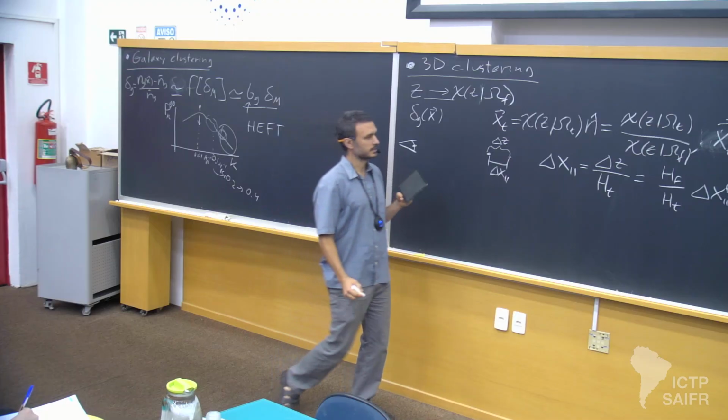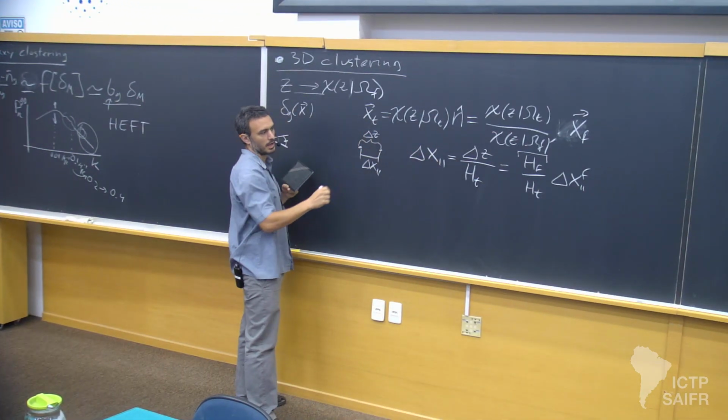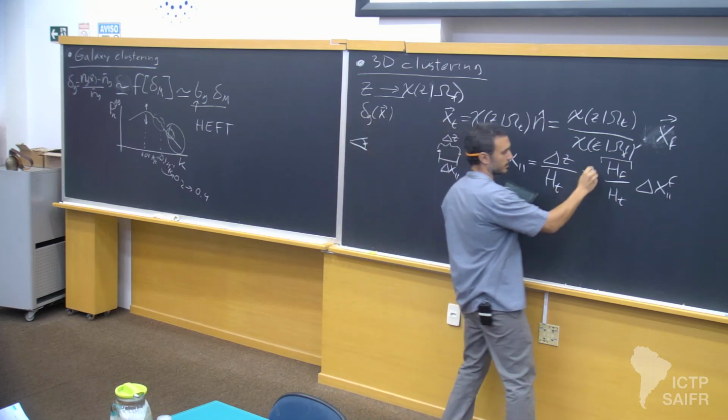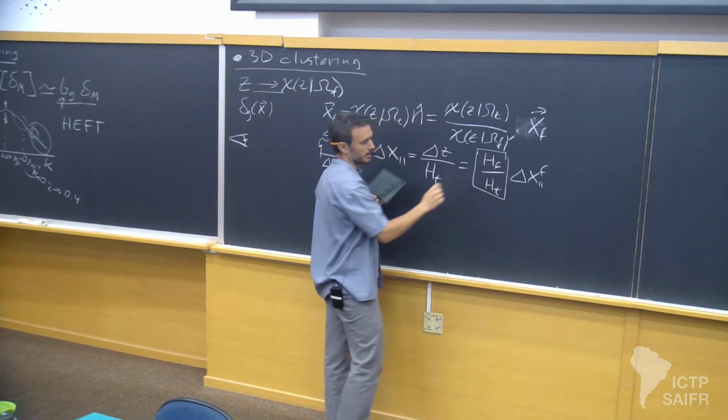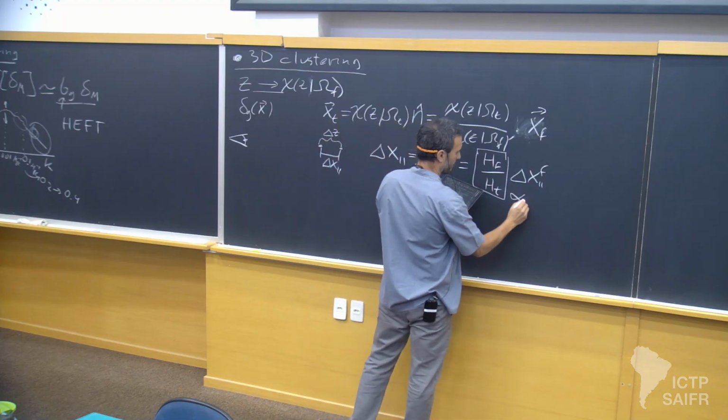And so that means that radial distances are perturbed by a factor, which is given by the ratio between the expansion rates in the fiducial and the true cosmology. This is what we usually call alpha parallel.